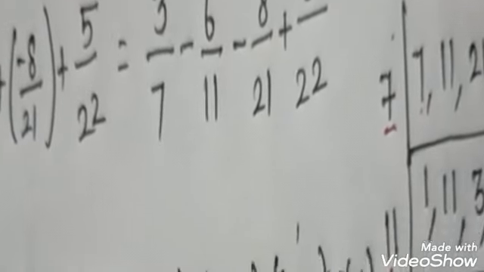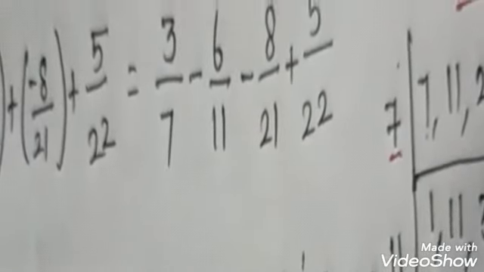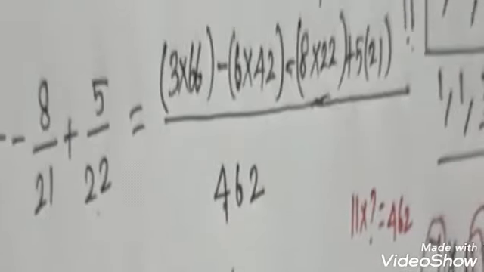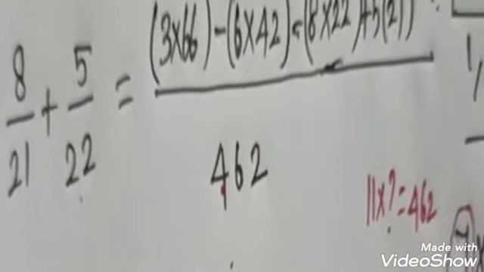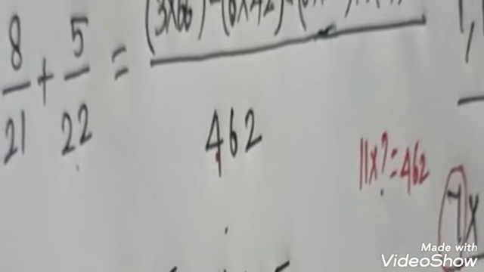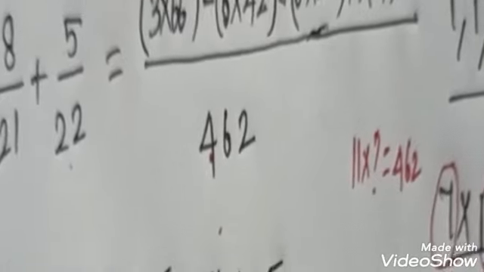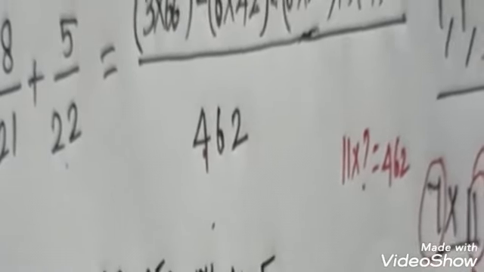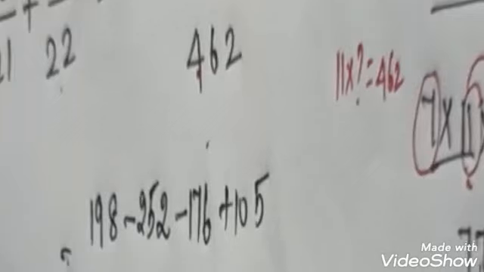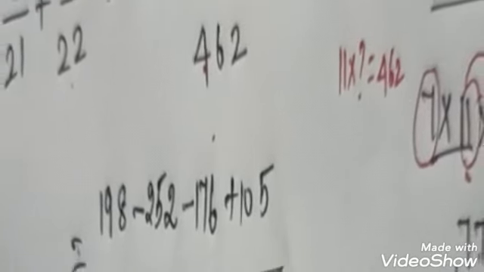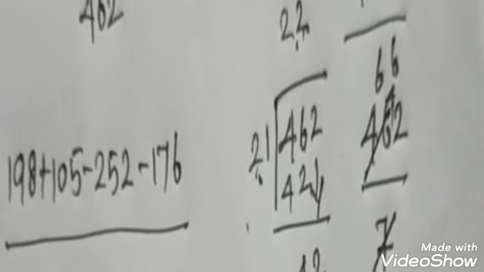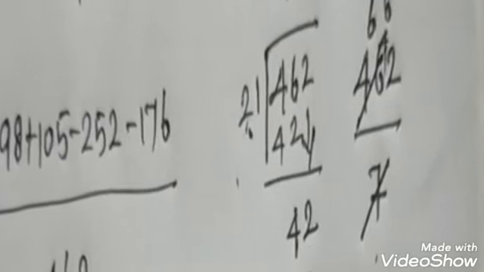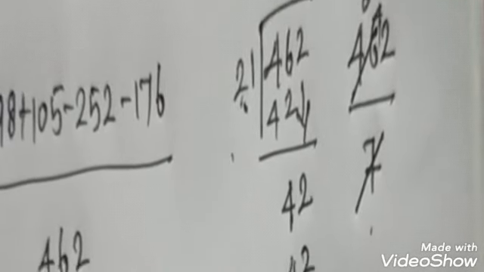So now the common denominator is 462. So here I will take the positive terms on one side. 198 plus 105 minus 252 minus 176, whole divided by 462. 198 can be added with 105. You get 8 plus 5 is 13, 3 carry over 1, 9 plus 1 is 10, 0 remaining carry over 1, you get 3.